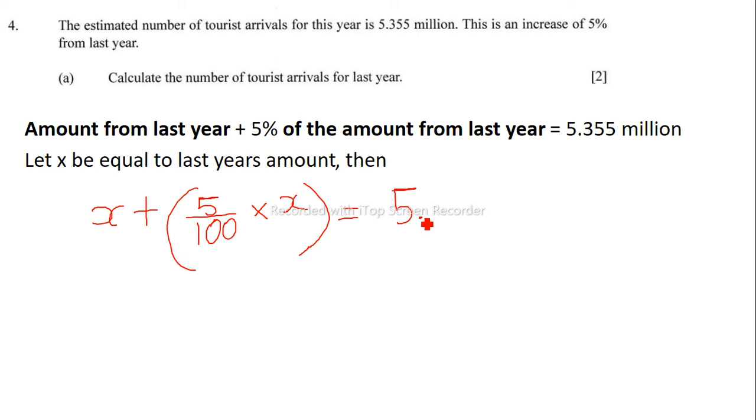Now 5.355 million, we could write that as the whole number. I don't want an abbreviation form.